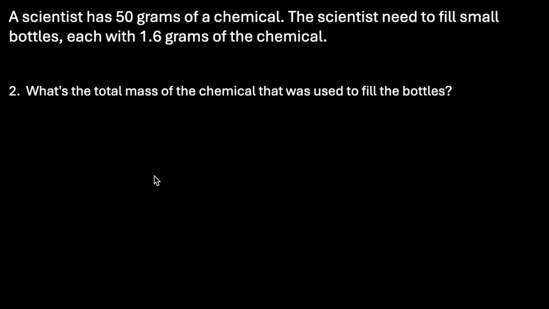Now, next problem. What is the total mass of the chemical that was used to fill the bottles? So the first thing you need to think of is, okay, we have 31 bottles.